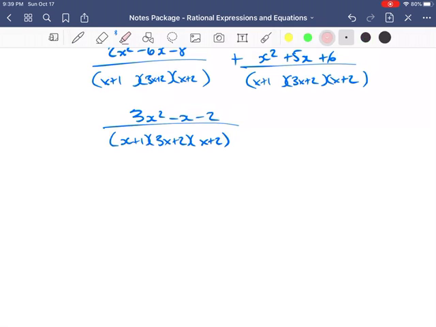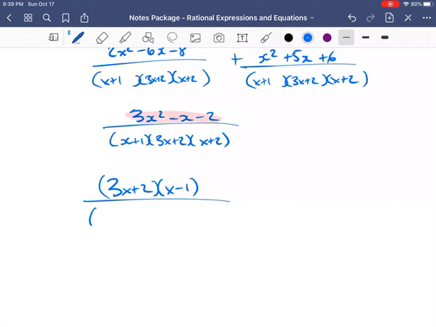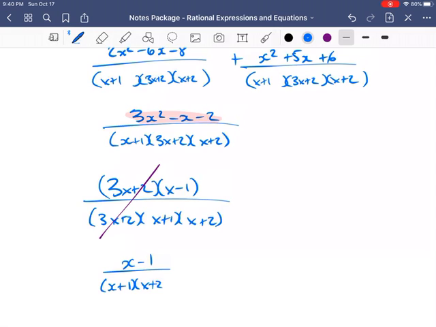So this is why the factoring skills are so important, because you can factor this, and you're going to end up with 3x plus 2 times x minus 1 over top of 3x plus 2, x plus 1, and x plus 2. And those terms will actually simplify, and your final expression is x minus 1 over x plus 1, x plus 2.